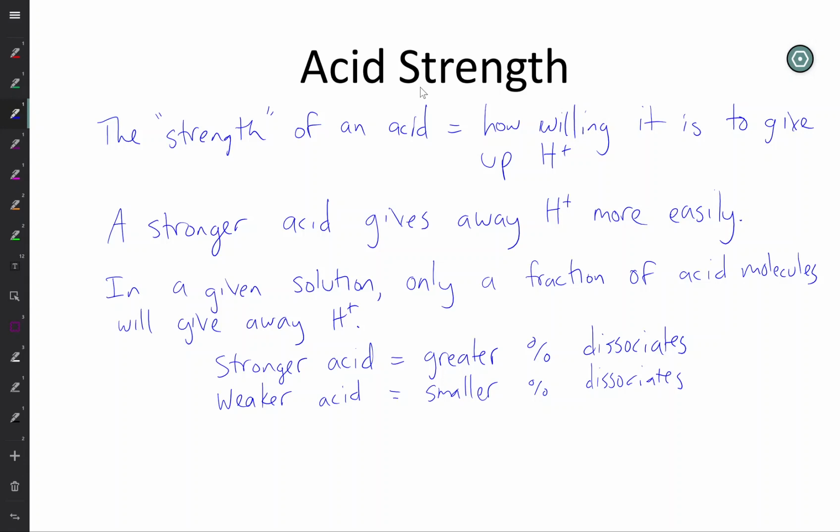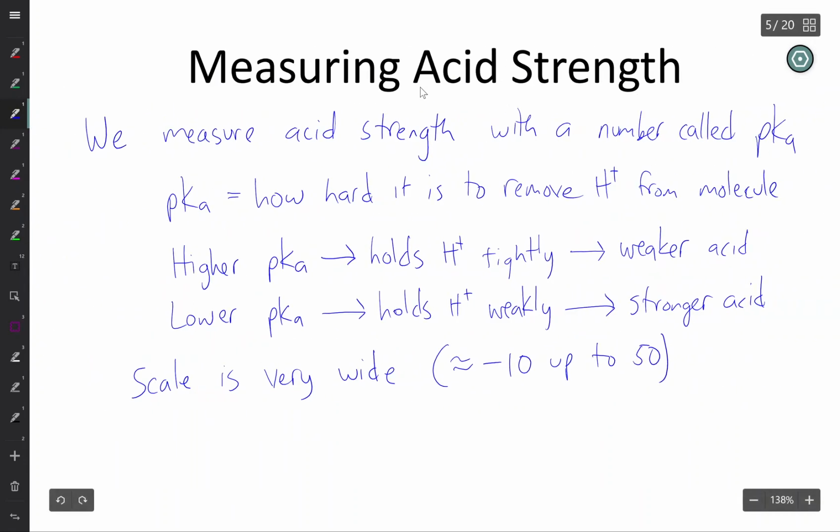So a stronger acid is one that more of the molecules will actually give up H+ in water. And we said we have this thing called the pKa scale that you can measure it on. I gave you a list of pKa's of a bunch of organic molecules, so I'd like you to take out that pink sheet if you could, because we're going to look at it a lot.